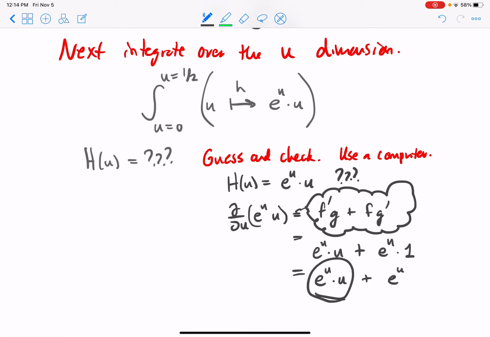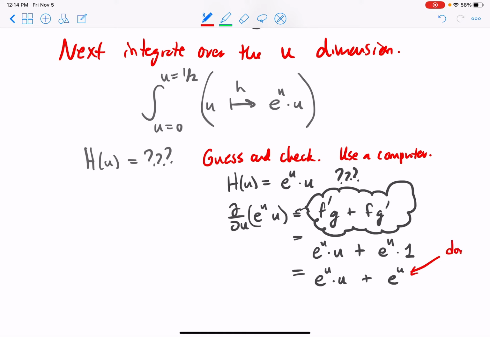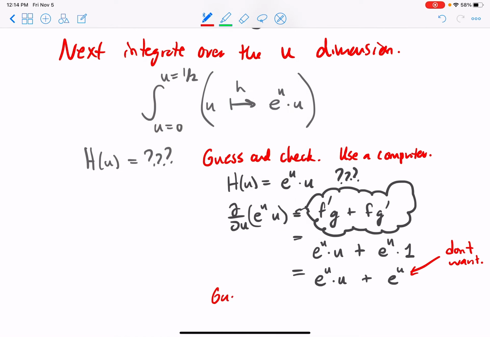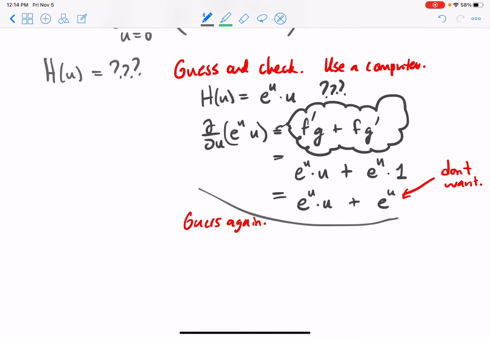But we got e to the u times u and some additional thing we don't want. So I'm going to put in words: don't want. Oh, but we know something whose derivative is that, namely e to the u. Okay, so instead of our first guess, guess again. But now our second guess is informed by our first guess, and check. The check informs our second guess.